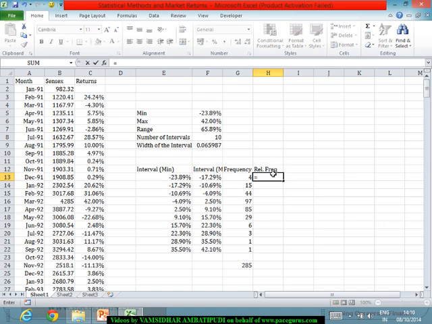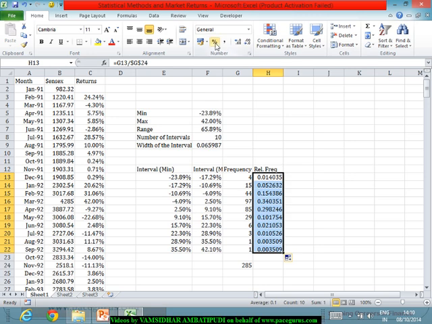Relative frequency is nothing but the frequency of each of the intervals divided by the total frequency. That is what we call relative frequency, and I can establish it in percentage terms. So probably here it is saying 34.04% of the observations are lying between -4% to 2.5%.